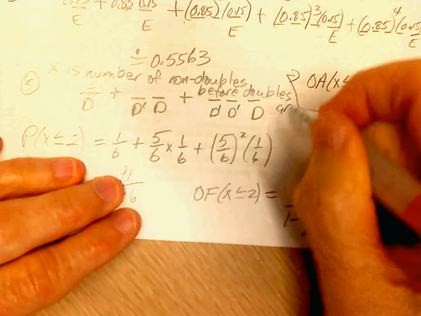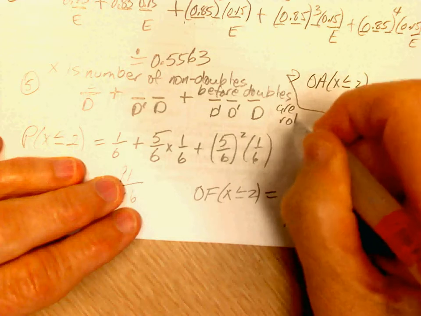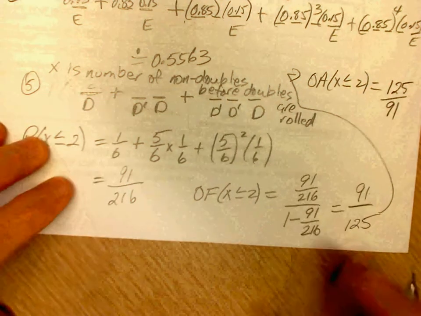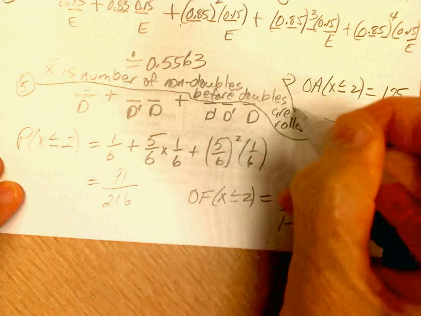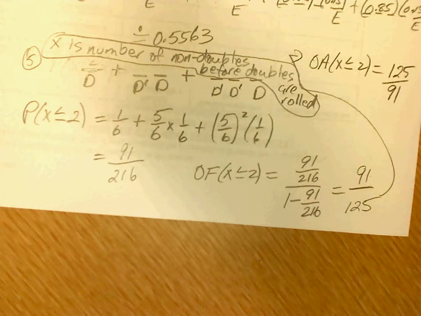Sorry, I'm just trying to squeeze it in here. Okay, x is the number of non-doubles before doubles are rolled. Anything else? Yep.